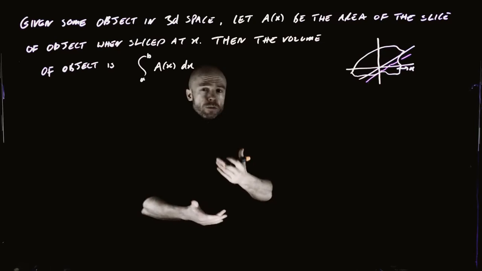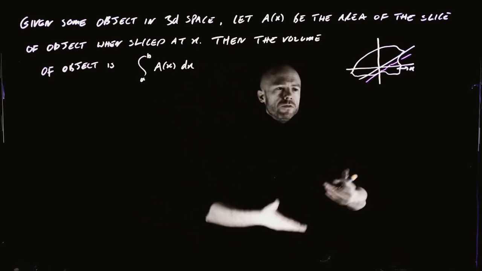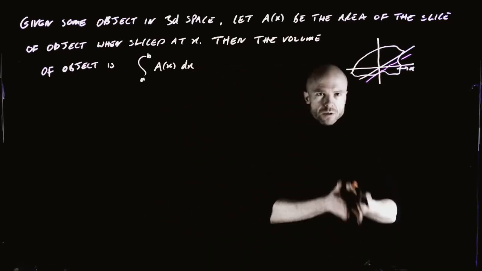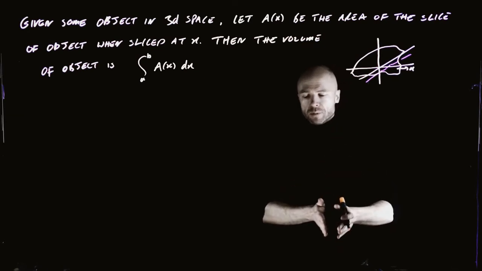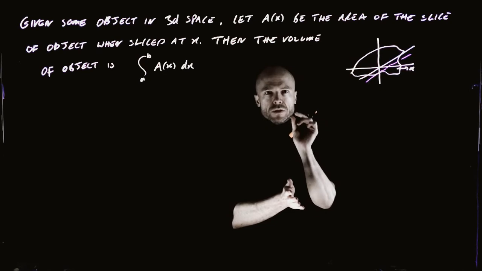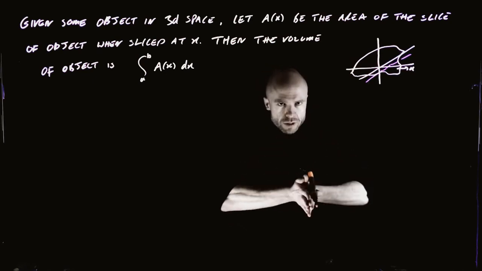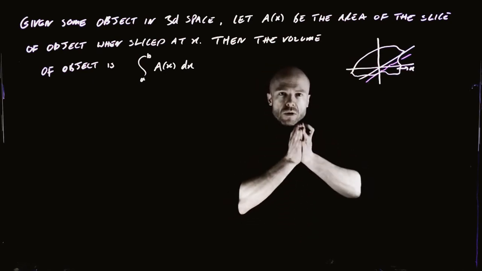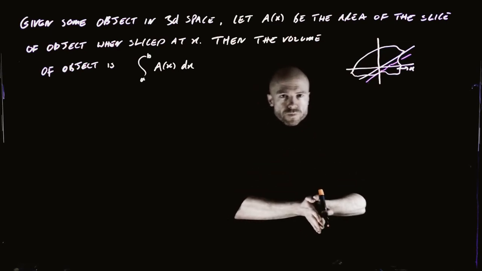Now that is the same formula we had before, because what we had before was when the slices were cylindrical. Let me say that better. The slices were cylindrical because in that case I took non-zero thickness, but zero thickness slices were just circular.